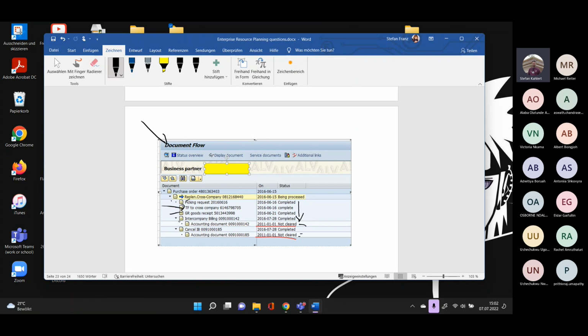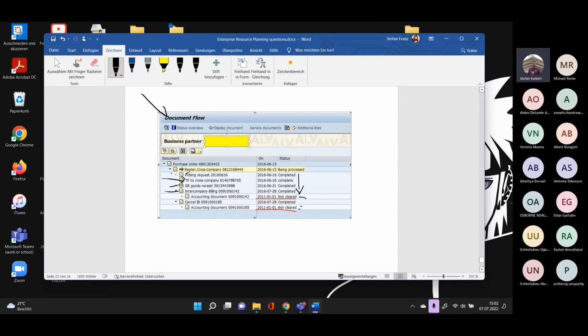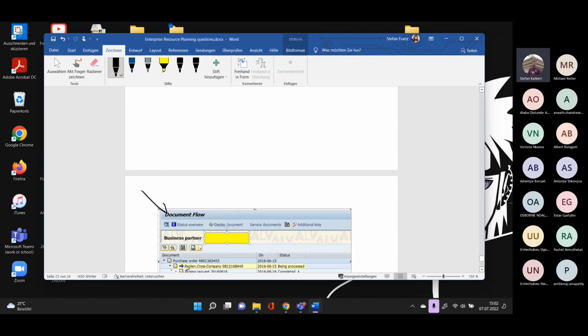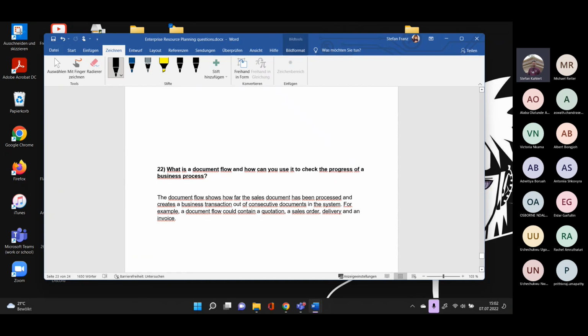Intercompany billing means you have sold something intercompany from one department to the other, and it's completed. So the only thing missing here is a document. I just want to say to you, at each point in the circle, you can check what the status is. That's the only thing I want to let you know.